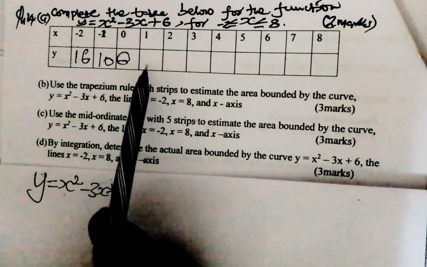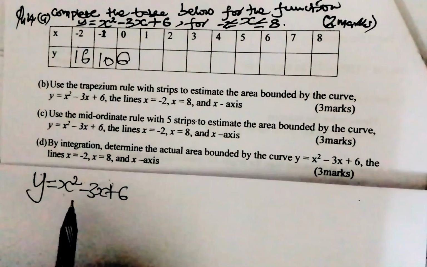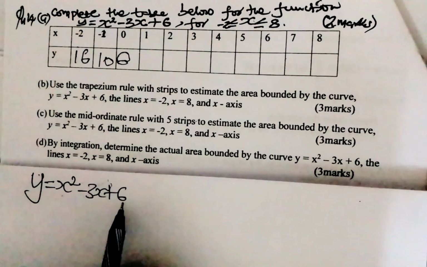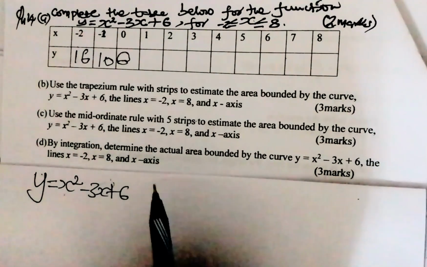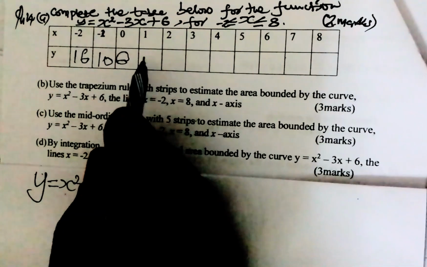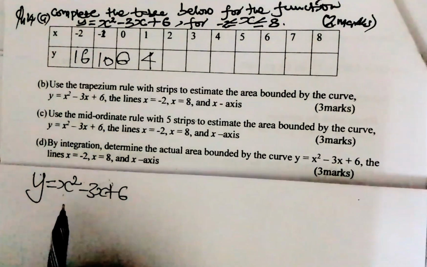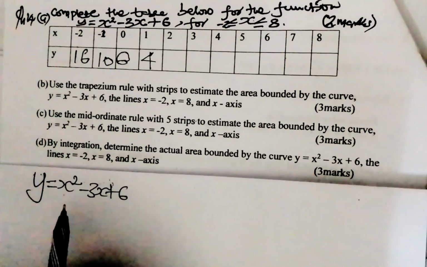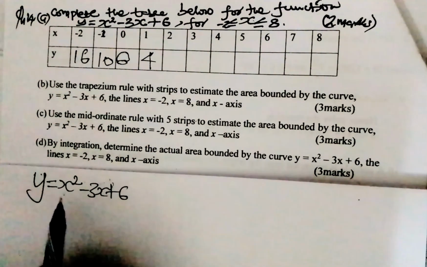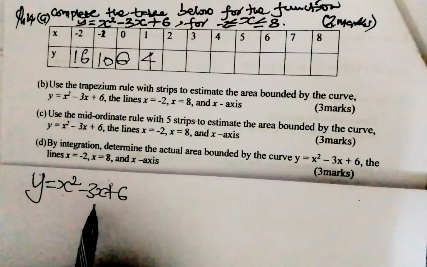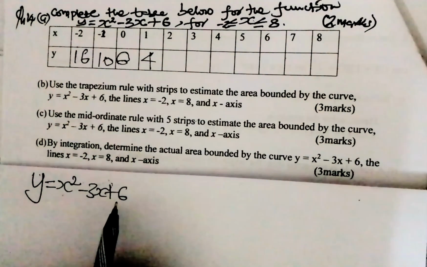When x is 1, you have 1 minus 3 plus 6. So -2 plus 6, that gives you +4. When x is 2, that is 2 squared gives you 4, 4 minus 6 plus 6.